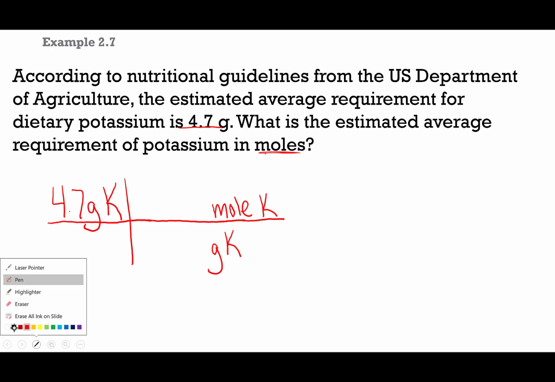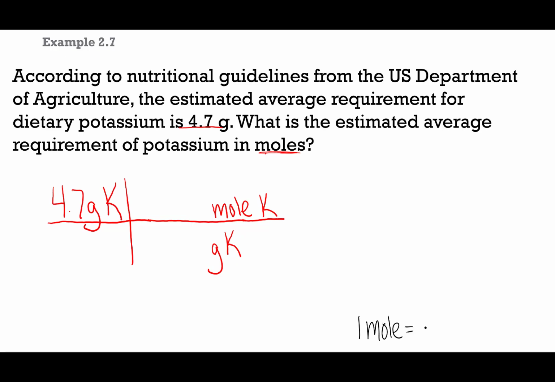Now we need to think about our new equality. So our new equality, remember, was 1 mole equals X number of grams. In this case, we've got to determine what is that X. To determine that, you're going to need to look at a periodic table. So I find potassium on my periodic table.